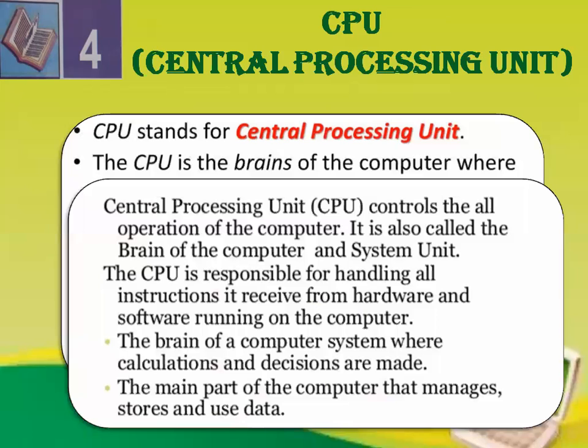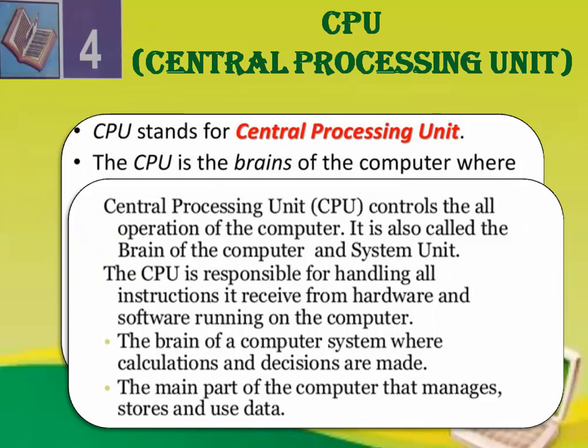The Central Processing Unit, CPU, controls all operations of the computer. It is also called the brain of the computer and system unit. The CPU is responsible for handling all instructions it receives from the hardware and software running on the computer. It is the brain of a computer system where calculations and decisions are made, the main part of the computer that manages, stores, and uses data.